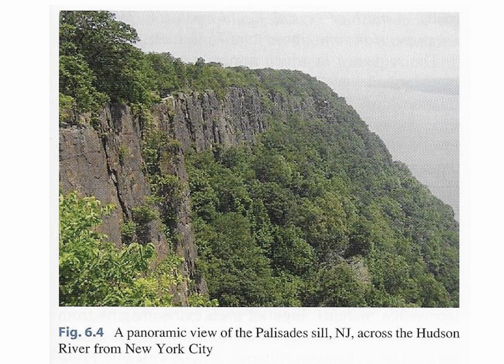So, and here we have a panoramic view of the Palisade sill in New Jersey. Here we have this sill, and you can go there when you are sometimes around in New Jersey.